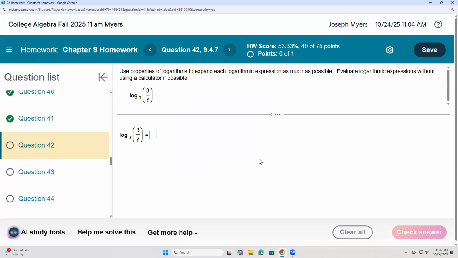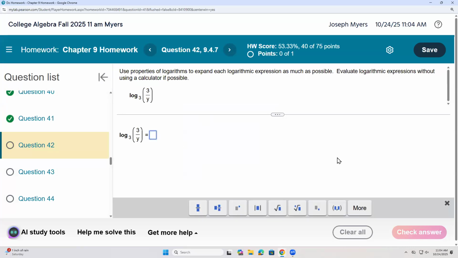How can you do this one? Well, first of all, you have to express the 3 and the y as being multiplied, not divided. How do I change the 3 and the y to be multiplied, not divided? By putting the y to the power of -1, right? So when you divide by y, that's the same as multiplying by the reciprocal of y, which is y to the -1.